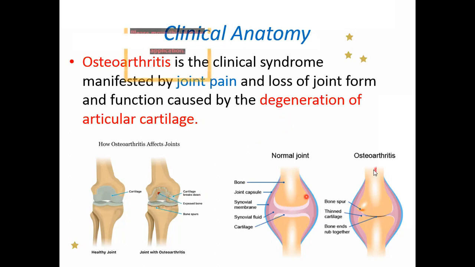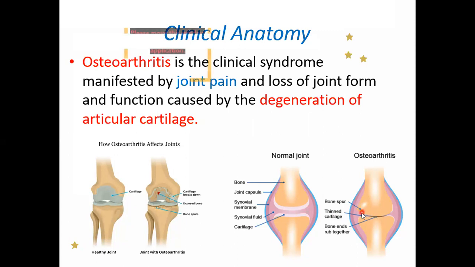So there is loss of movement, and there will be pain. There could also be a cracking sound. Here you can see a normal joint. This is the cartilage, the cartilage lining. And here what has happened? The cartilage is lost; it's written as thin cartilage. The cartilage is very thin over here. And the joint space in between is also reduced, and it will cause severe pain.